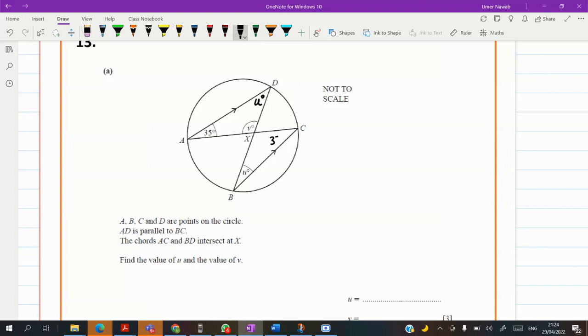Now, my friends, tell me quickly, is this angle at D same as the angle here?